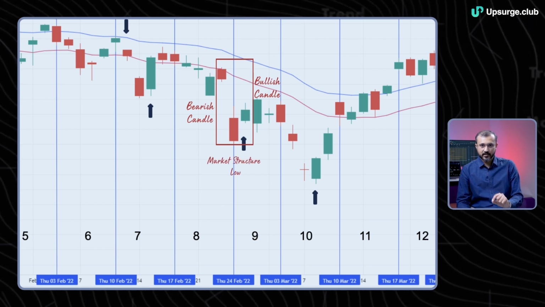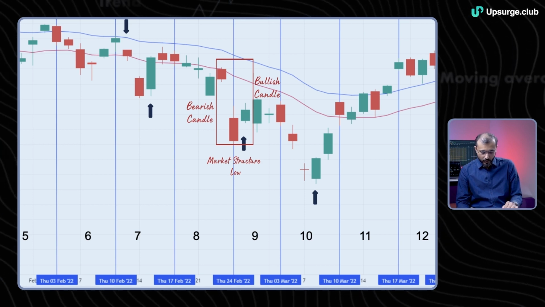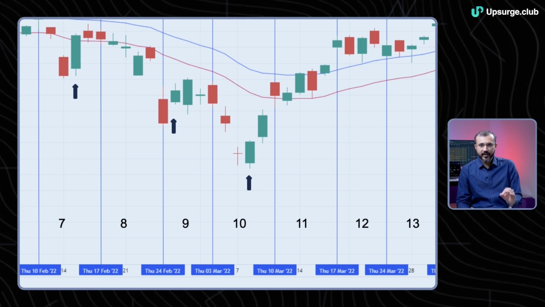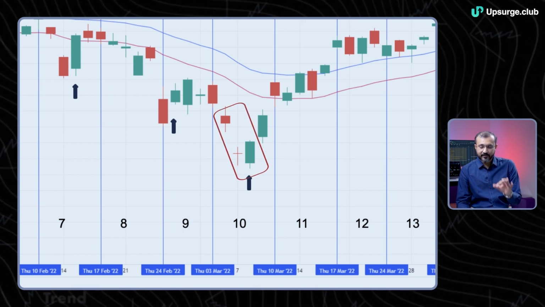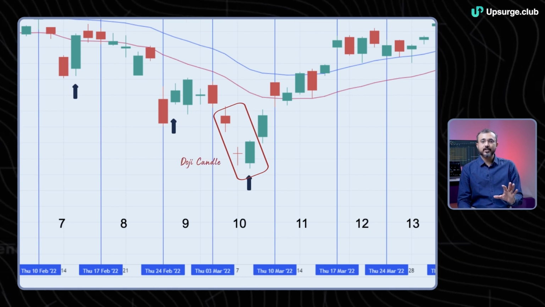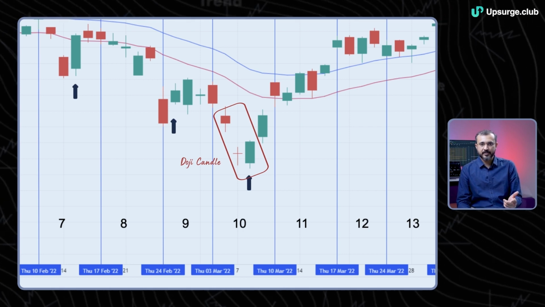Now the next candle is interesting. The next market structure low is very interesting. So if we come to 8th of March, if we see here, we have two lower closes. So we have a close, then we have a doji candle. The second candle is a doji candle. The third candle is a bearish candle which is engulfing the previous price.